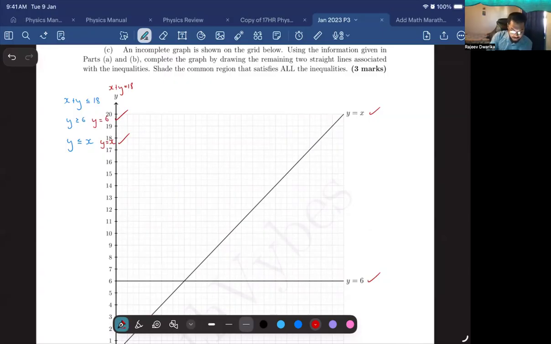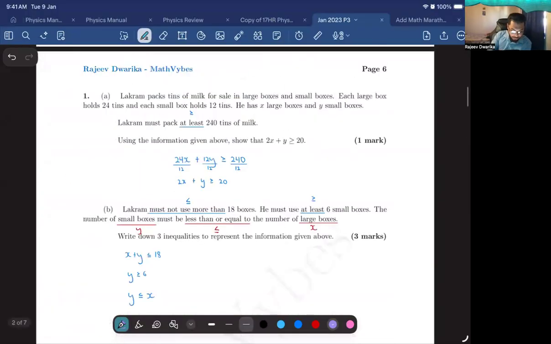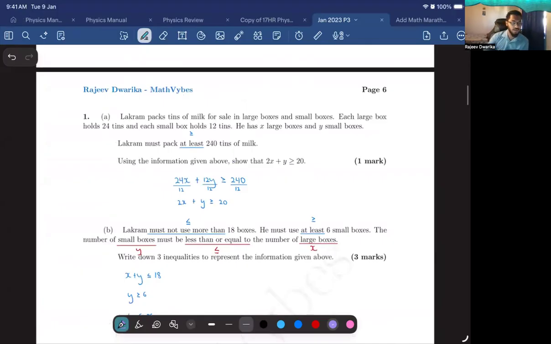Now, they said using the information in parts A and B, they want us to complete the diagram, and they said they had two straight lines remaining. So I think you can see that this is one of the two remaining. So x plus y is less than or equal to 18, right? We need to be able to sketch that line on the graph. And what was the other inequality? Tell me, Darius.